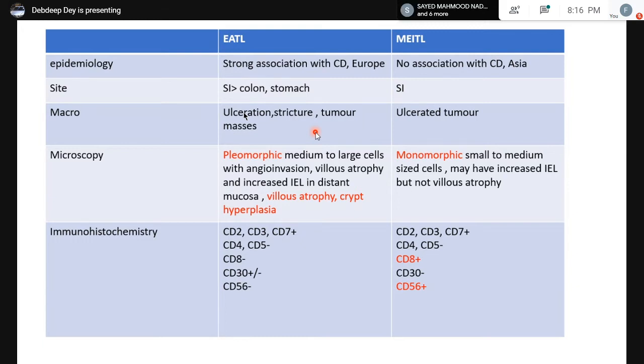With regards to the immunophenotype, CD2 and CD7 are positive in both of them, CD45 negative in both of them. The differentiating would be CD8 and CD56. And if CD30 comes positive, then it helps to diagnose EATL because mostly MEITL will be CD30 negative.